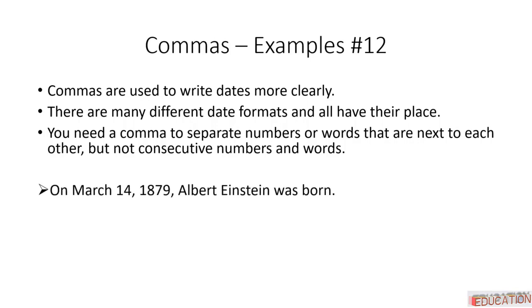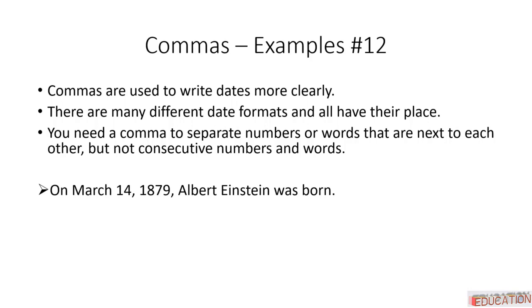On March the 14th, 1879, Albert Einstein was born. So we have two commas here. On March the 14th, 1879, so we have two numbers next to each other, namely the 14 and the 1879. They are separated by a comma.